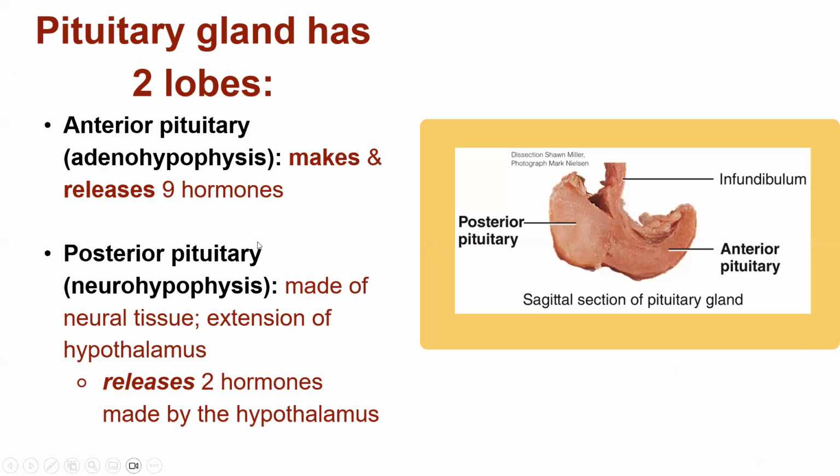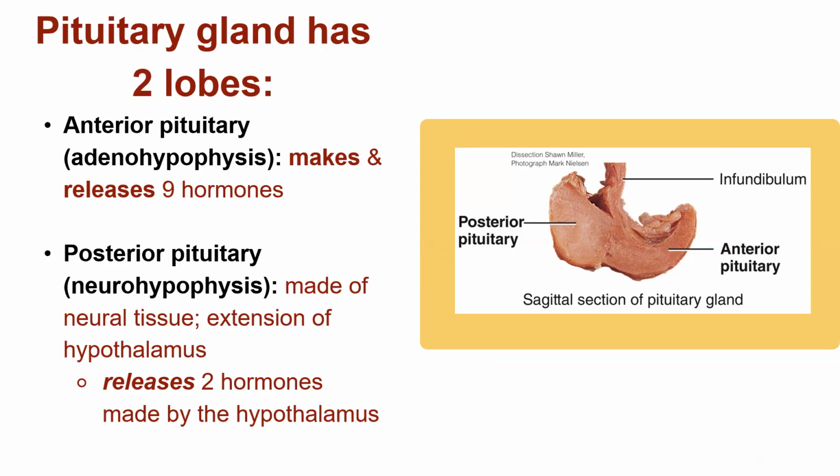The posterior pituitary, the neurohypophysis, is made of neural tissue, and it's actually an extension of the hypothalamus. The word adeno means gland. That may be one way you can remember that the anterior pituitary both makes and releases its hormones. The posterior pituitary is really the storage center for the hormones made within the hypothalamus.